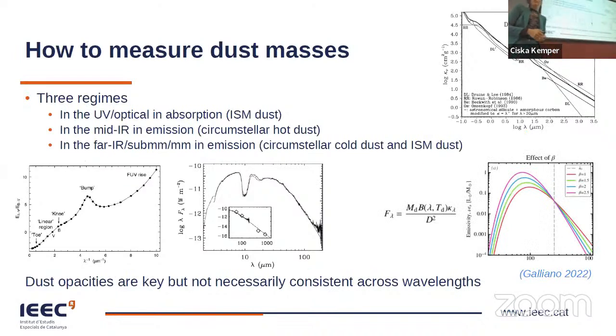Then, if you are looking at the far infrared, submillimeter, millimeter regime, you still have this cold dust component that is emitting here. So you can look at the colder dust in a circumstellar environment, and also interstellar medium dust.